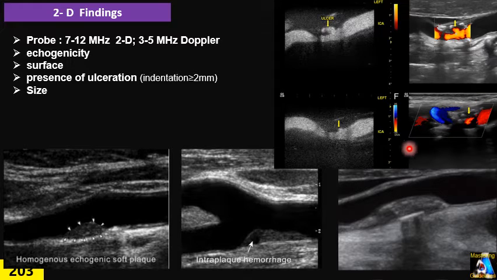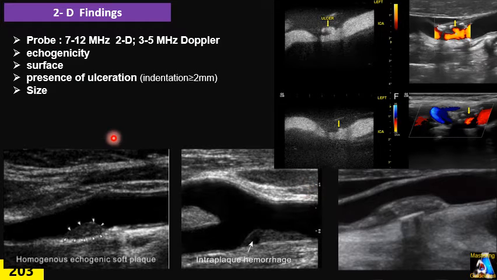For that purpose, optimizing the image to the highest grade and using magnifier and color, many times we can detect it, but most of the time we need another modality. In those cases, we use power color, or in very highly suspicious cases with negative study by those other 2 techniques, we can use a contrast study. For ulceration, any indentation that goes in more than 2 millimeters proves we have ulceration.